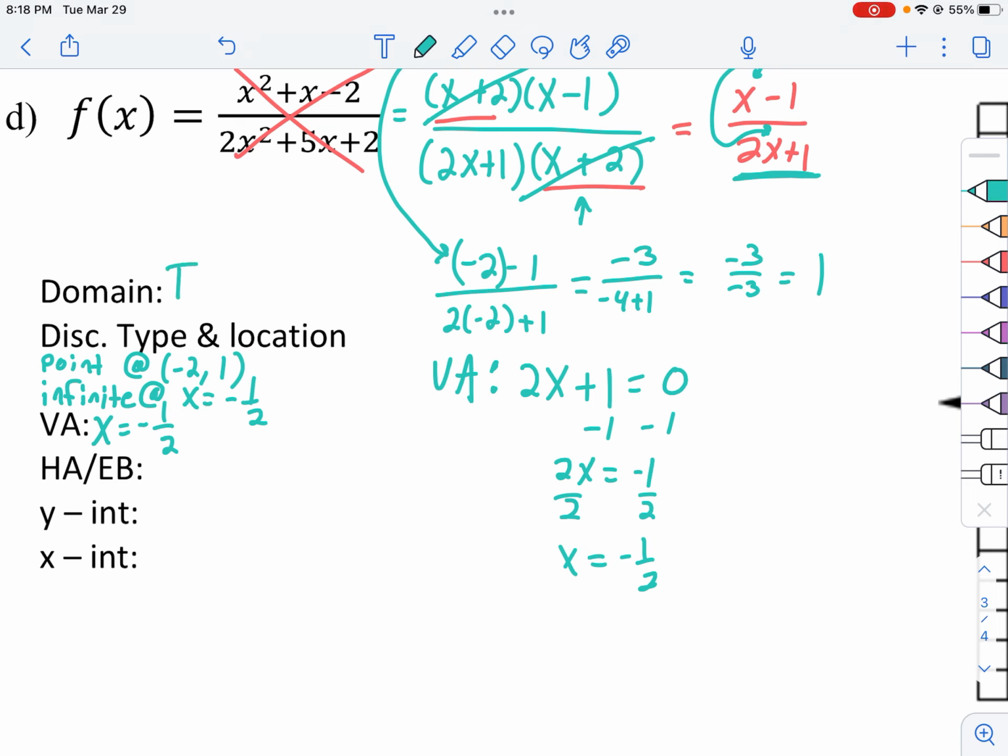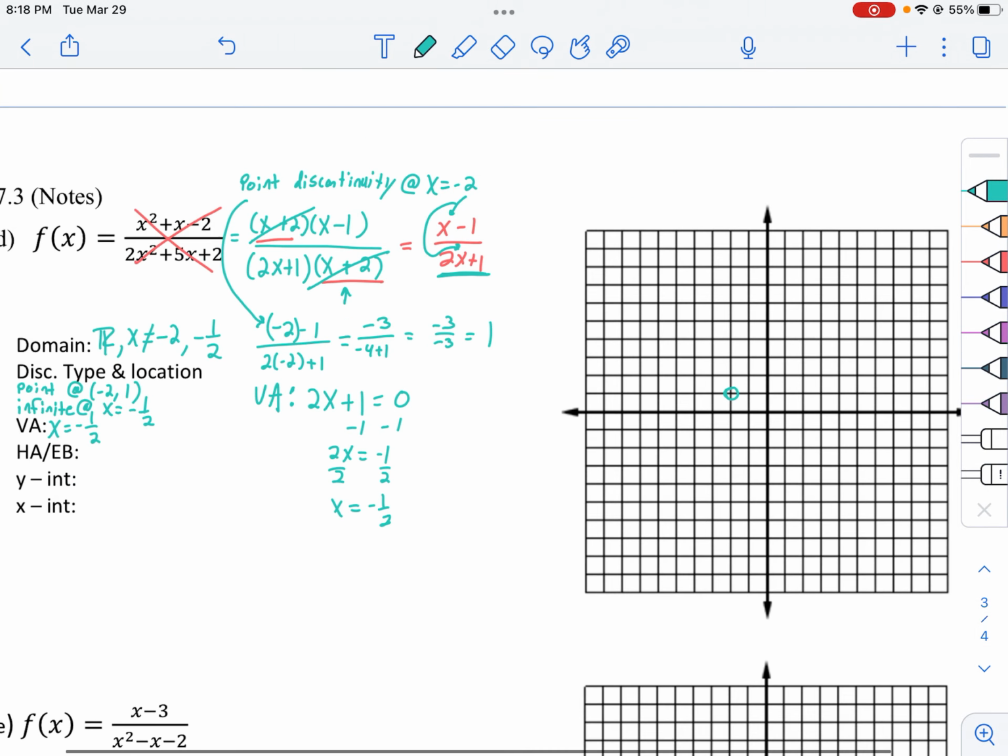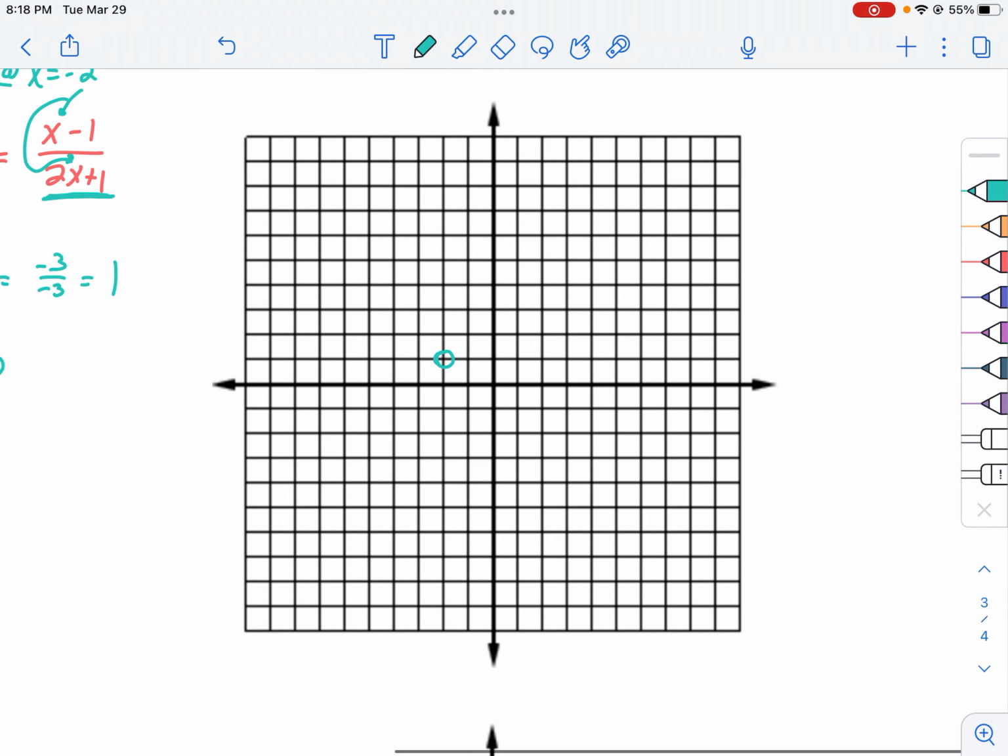And now we can write the domain. The domain is all real numbers. X cannot be negative 2 because there's point discontinuity there, and it cannot be negative 1/2 because there's infinite discontinuity there. And we can draw in that infinite discontinuity at negative 1/2. Just like that.